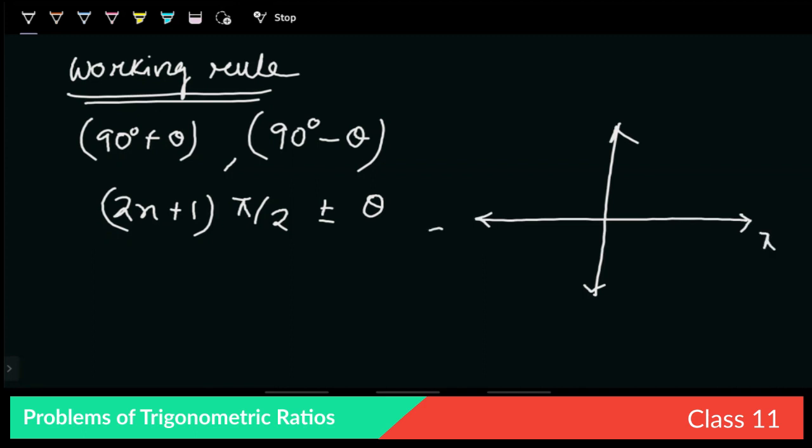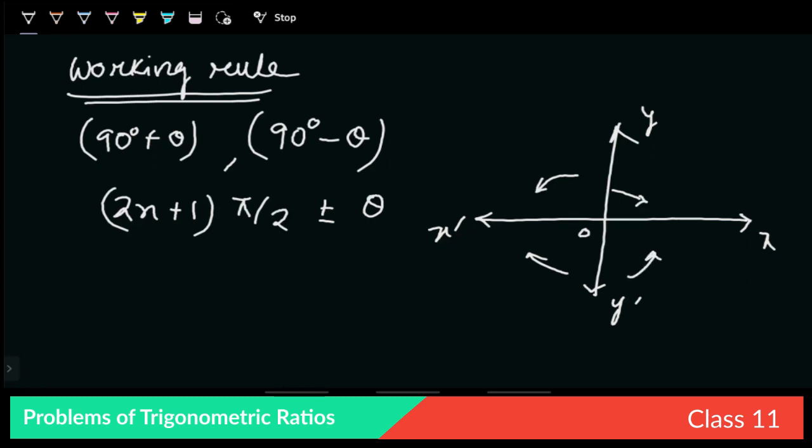This is x, this is x prime, this is y prime, this is origin. So the vertical line means this y prime line. So the angle associated with this vertical line is 90 minus theta, that means this quadrant. 90 plus theta means this quadrant. 270 minus theta means this quadrant, and 270 plus theta means this quadrant.